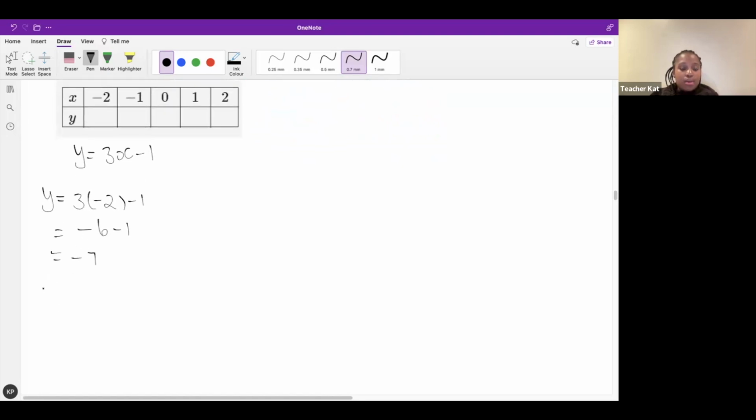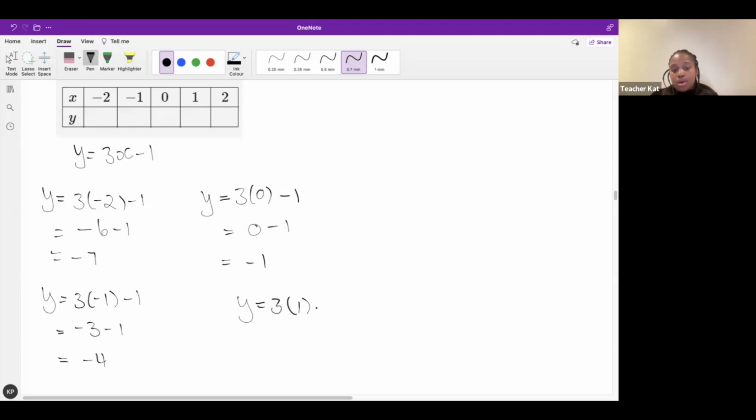Next one, y is equal to 3 times negative 1 minus 1. What's 3 times negative 1? Nice, Pamantla, negative 3. And if I subtract 1, that is negative 4. Next one, y is equal to 3 times 0, which is 0, minus 1 is negative 1. Next, y is equal to 3 times 1 minus 1. What's 3 times 1?